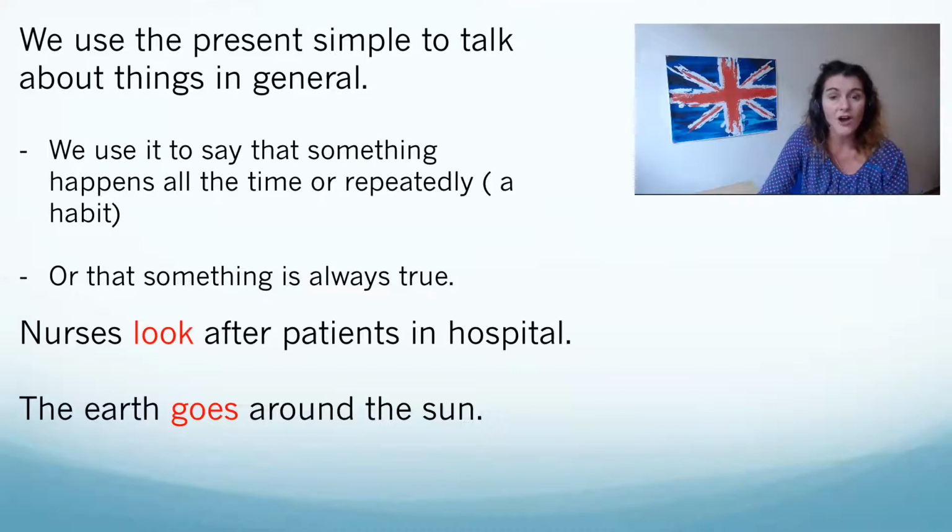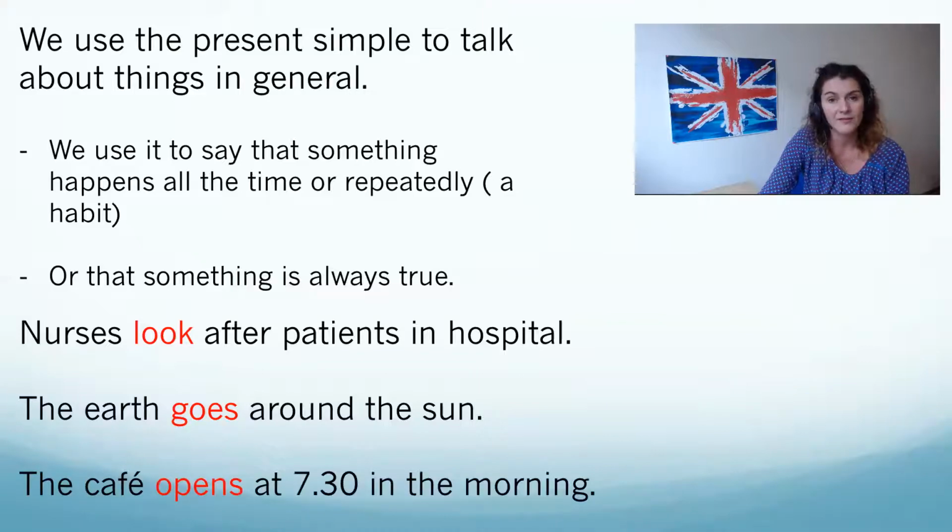Or the earth goes around the sun. This is something that is always true, so we use the present simple. The cafe opens at 7:30 in the morning. Is this something that is always true? No, it's not always true.